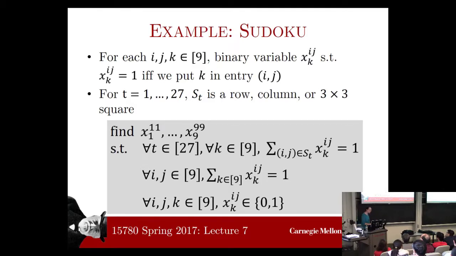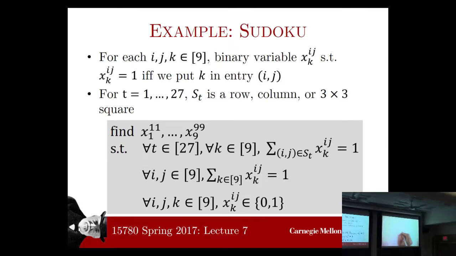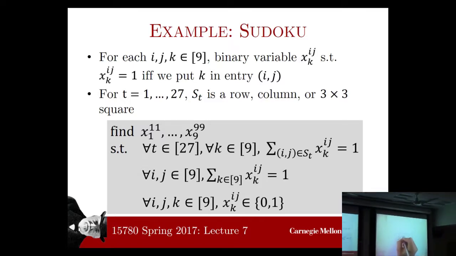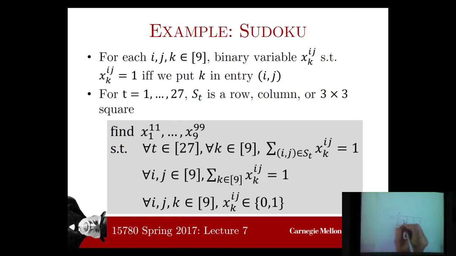So the danger is, I could put two numbers in the same square. So the first constraint is telling me, if I look at all the entries in the square, let's say I have a constraint that tells me in this 3 by 3 square, each number has to appear exactly once here.